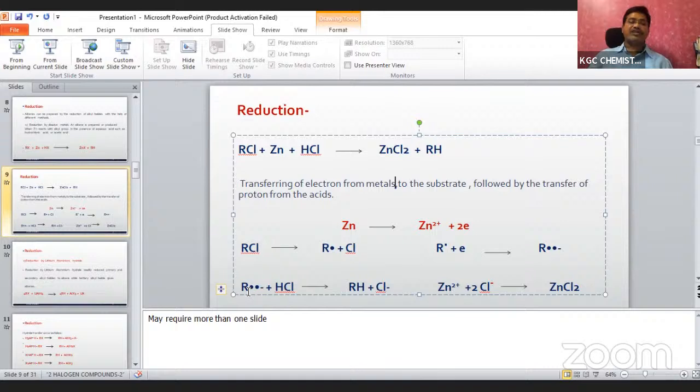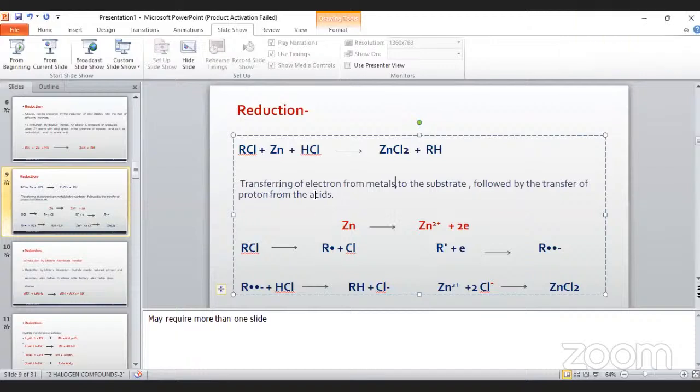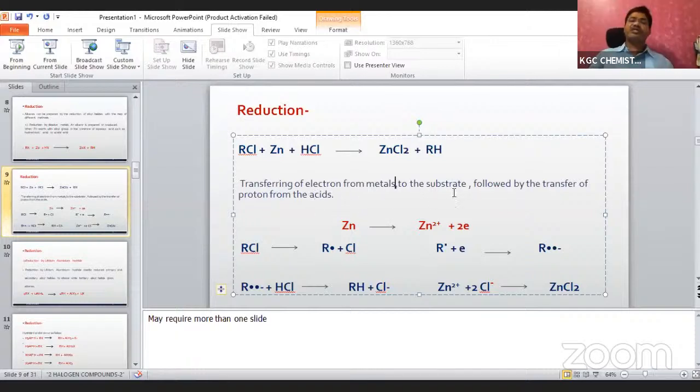This negatively charged species reacts with HCl and takes the proton, that is the H plus ion, and you get RH and Cl minus. Two Cl minus ions are taken by Zn+2 and you get ZnCl2. Like this, by the transfer of electrons from the metal to the substrate, the reduction is carried out.